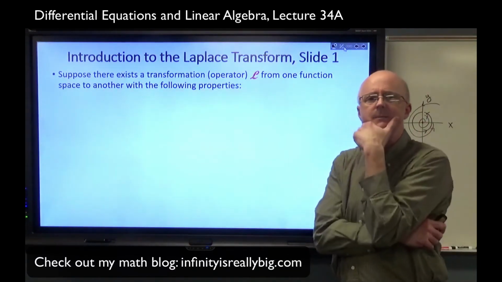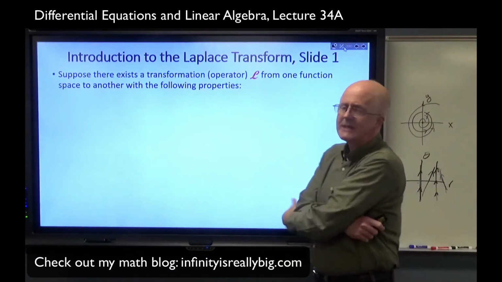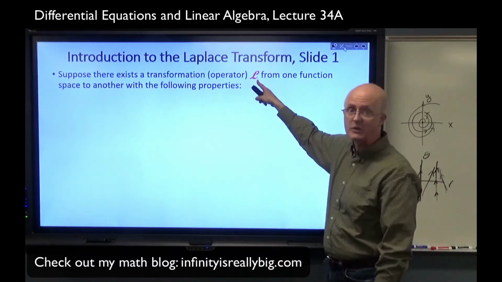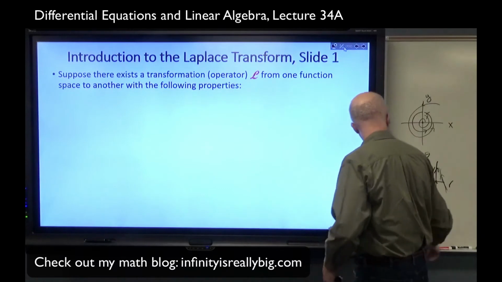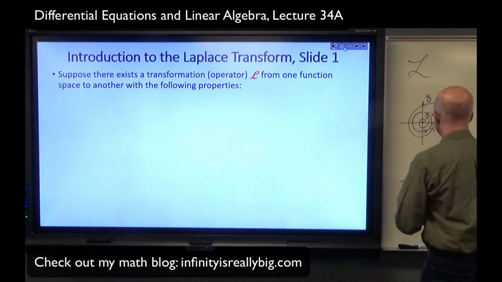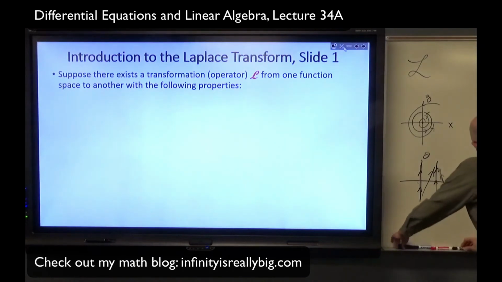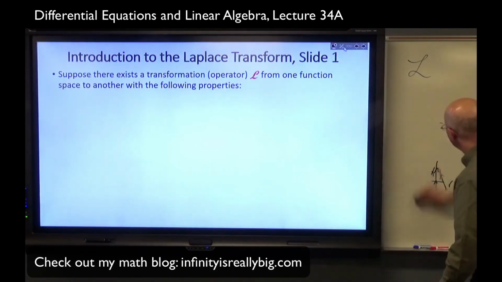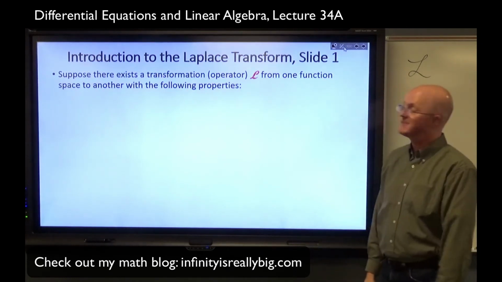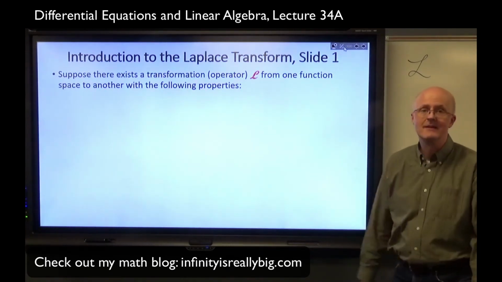Suppose, for the sake of argument, that there is a transformation, an operator, cursive L. By hand, I will make it like this. Isn't that pretty? Cursive L. From one function space to another function space.